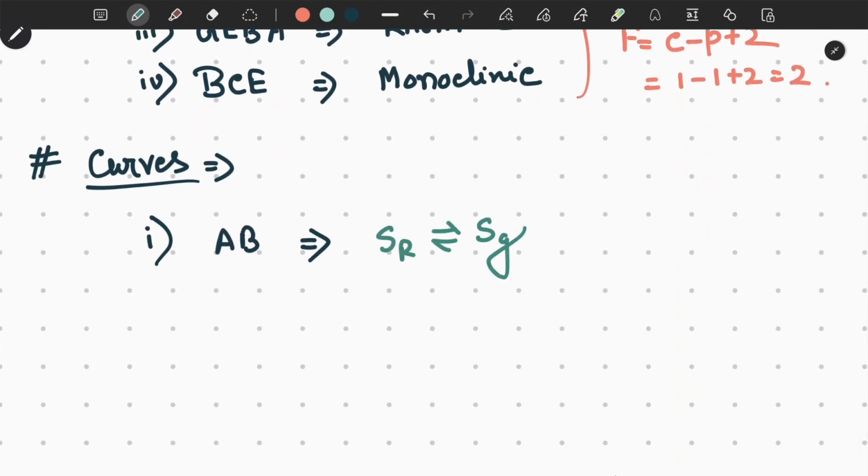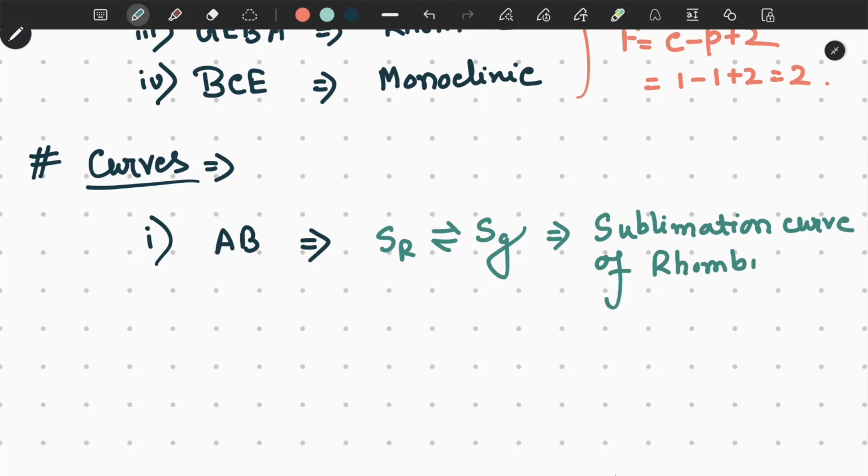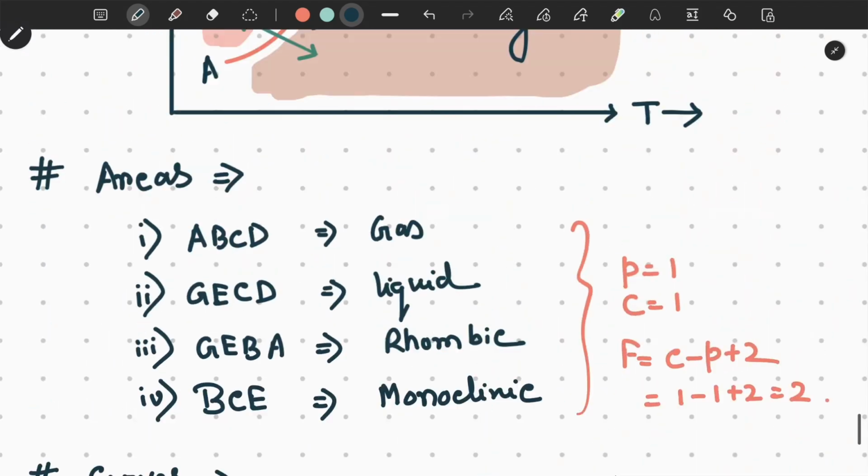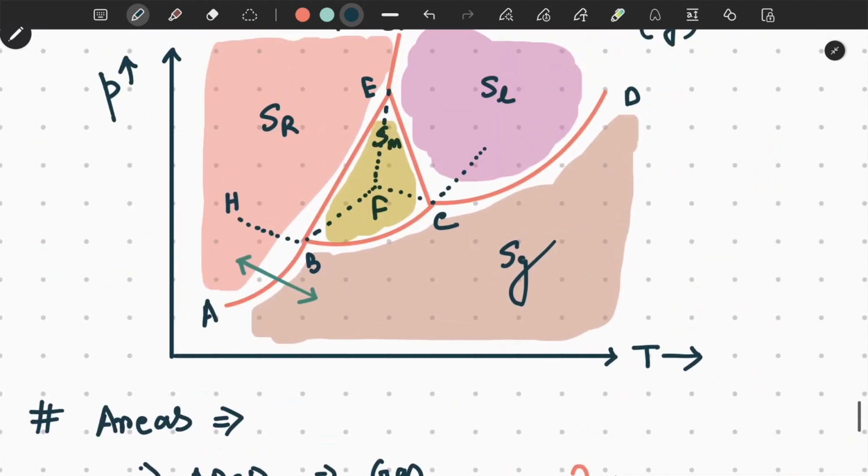So this is called the sublimation curve of rhombic sulfur. It is sublimation because this is direct solid to gas. Next, the second line. This is clear. CD. This is just liquid to gas.